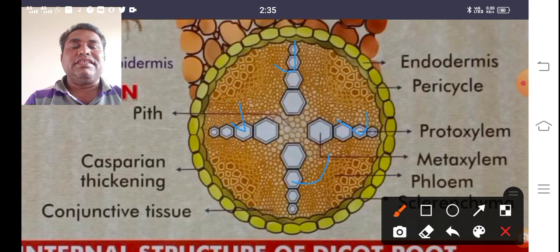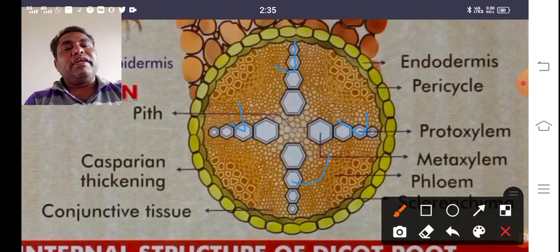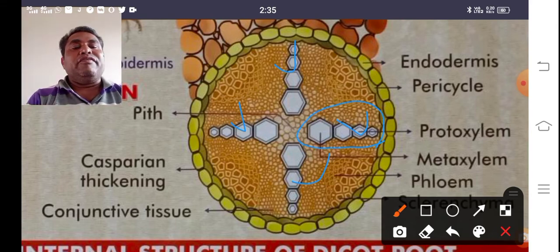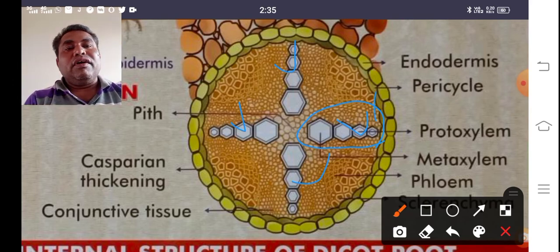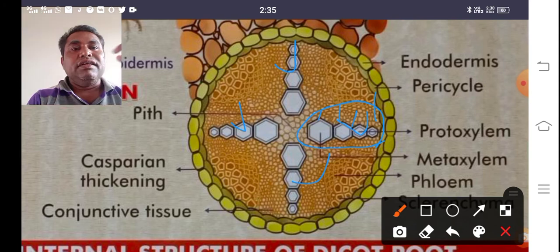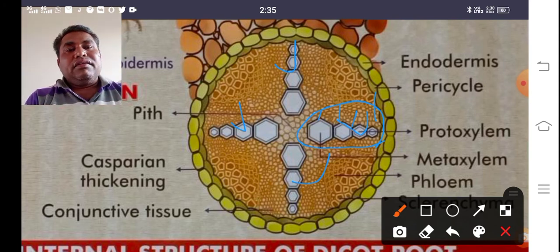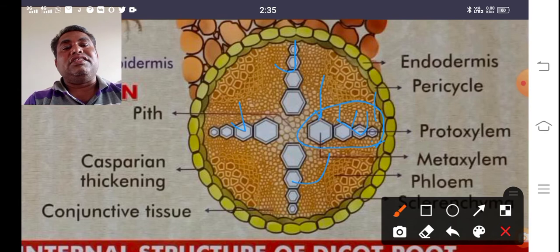When you take one strand of the xylem, it is composed of many cells in a single row, 1, 2, 3, 4, like this. But the cell present towards the pericycle is smaller. The cell present towards the center is larger.